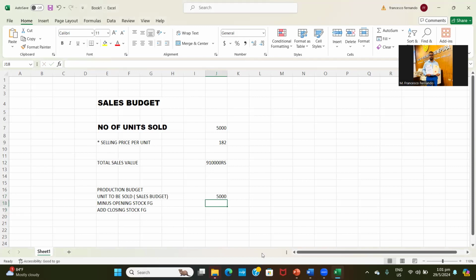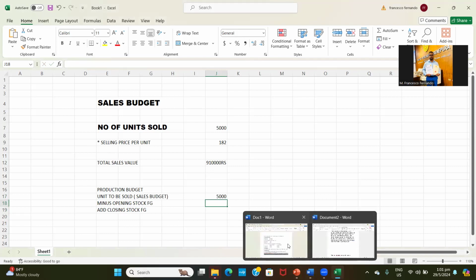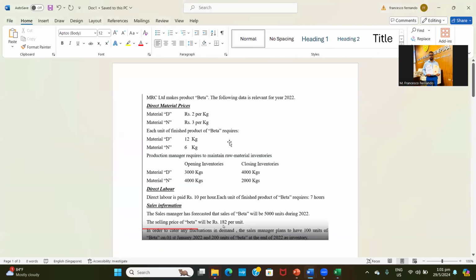And minus opening stock finished goods. If you see the question, it is given: in order to cater to any fluctuation in demand, 100 units and 200. So opening stock is 100 and closing stock is 200 units, finished goods.